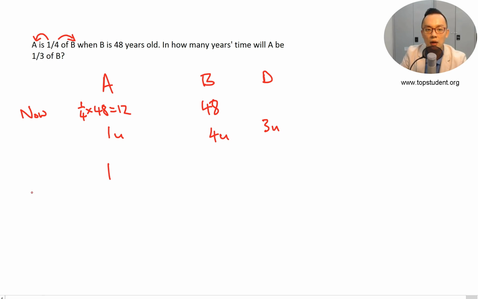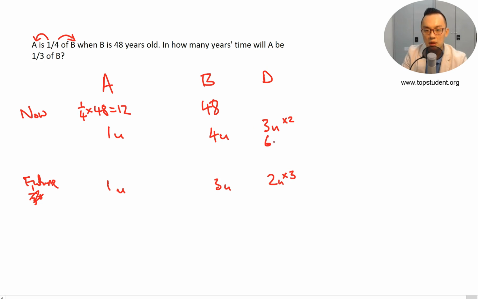In how many years' time will A be 1/3 of B? So 1/3. So I just write future here. All right, leave some space for the units to change. So it's going to be 1 unit, 3 units, and the difference is 2 units. So I need to times 2, I need to times 3.